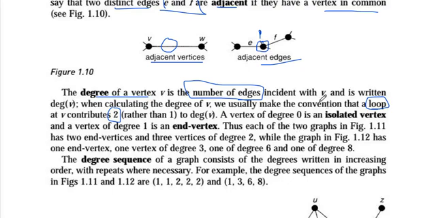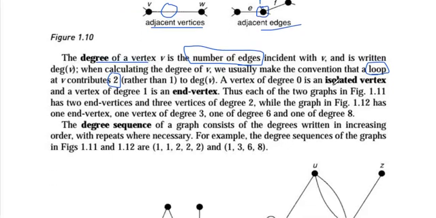Then we have seen two different definitions. If the degree of a vertex is 0, then it is an isolated vertex, and a vertex of degree 1 is called an end vertex, or last vertex, which has only one edge.